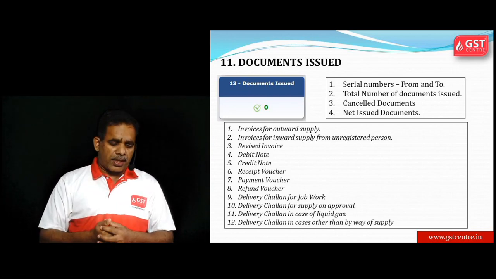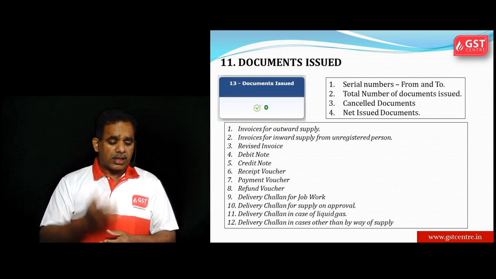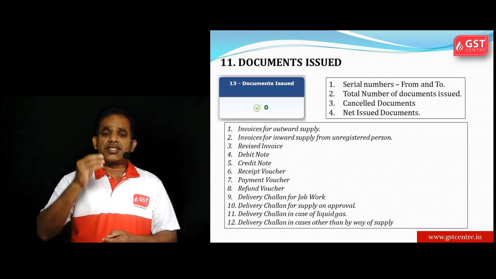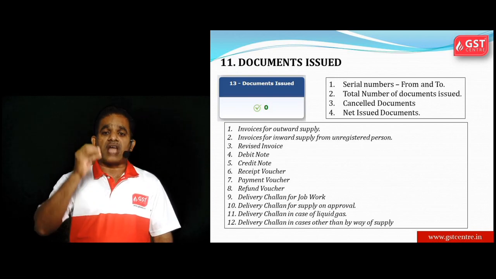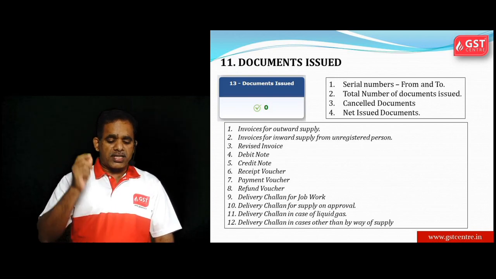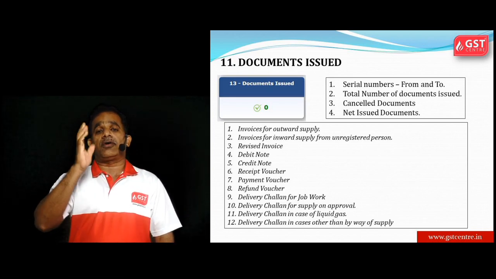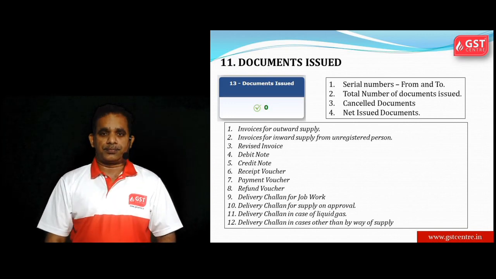Invoices for outward supply, invoices for inward supply from unregistered person, revised invoice, debit note, credit note, receipt voucher, payment voucher, refund voucher, delivery challan for job work, delivery challan for supply on approval, delivery challan in case of liquid gas, delivery challan in cases other than by way of supply. So all these details should be submitted.